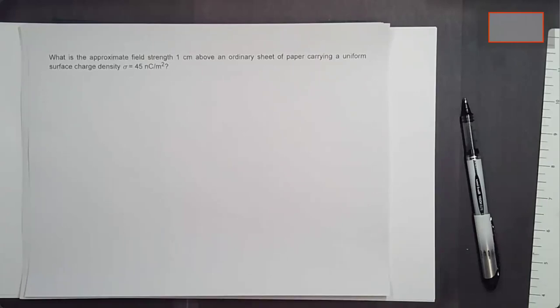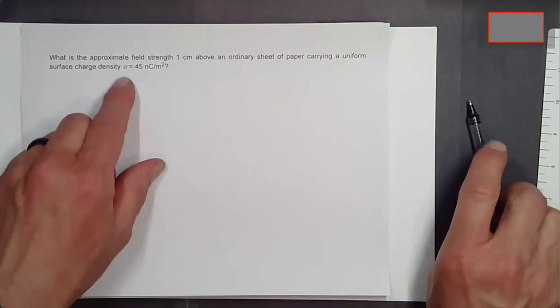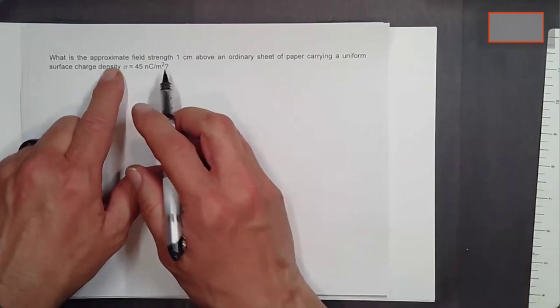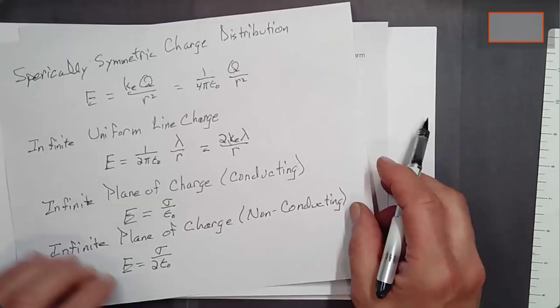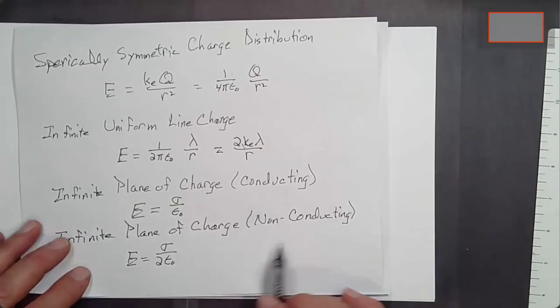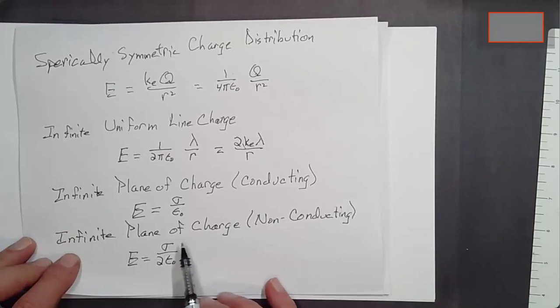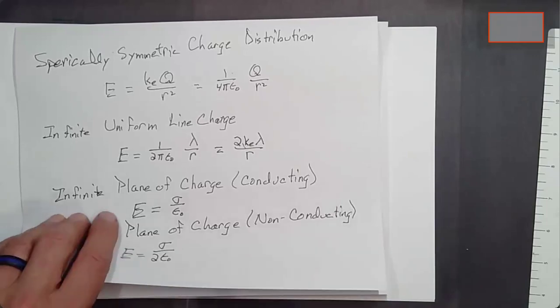It won't exactly look like an infinite conducting sheet, but it says the approximate field strength. And so we can use the expression. In this case, it's not a conductor, so we can use the expression for an infinite plane of charge to solve this, and it would be sigma over 2 epsilon naught.